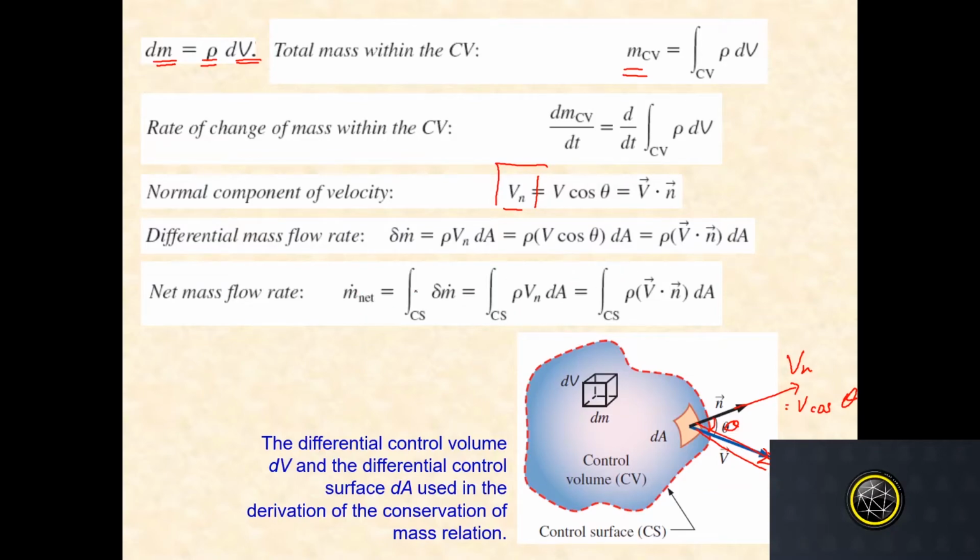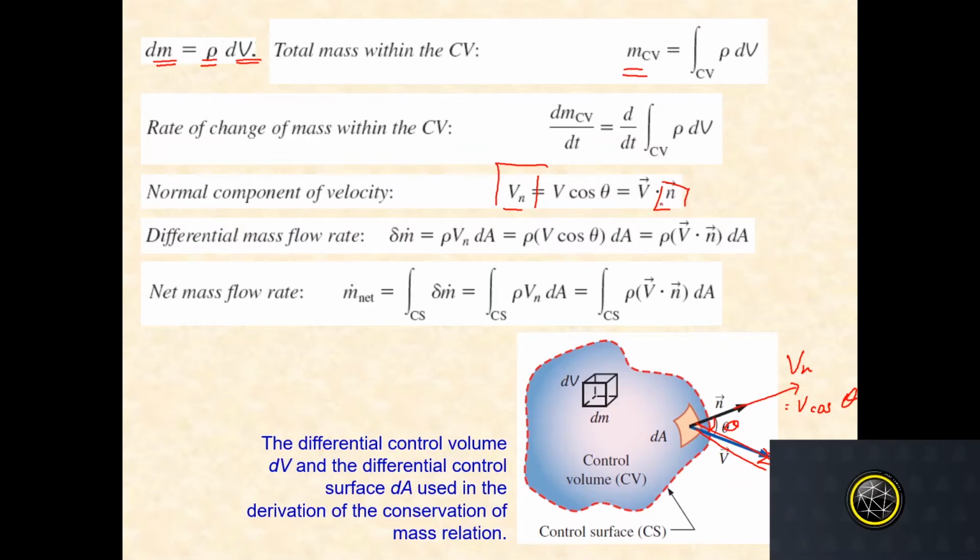Textbooks seldom give you problems with V at different theta. Usually they just give you the Vn straight away, and n here represents the direction, whether it is entering or leaving the control volume. I think more details of this n will be explained in the next couple of slides.